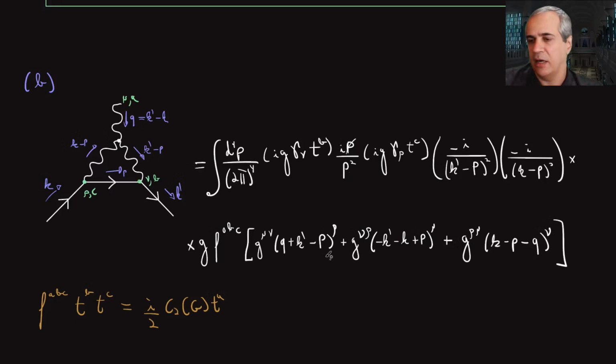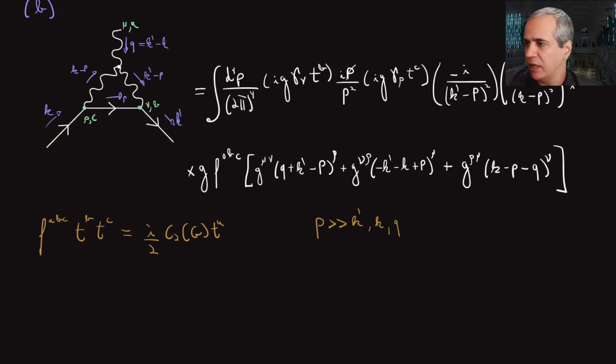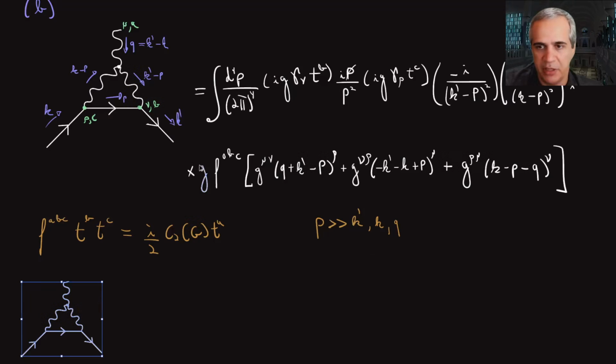So I can use this here, and again I can just disregard everything in comparison to P. So I can take P to be much bigger than K prime, K, and Q. Then this simplifies a lot, and you can actually get the diverging part of this diagram quite easily doing that, instead of calculating the whole thing, which could be a lot of algebra. If you want to practice this kind of thing, you can go for it.